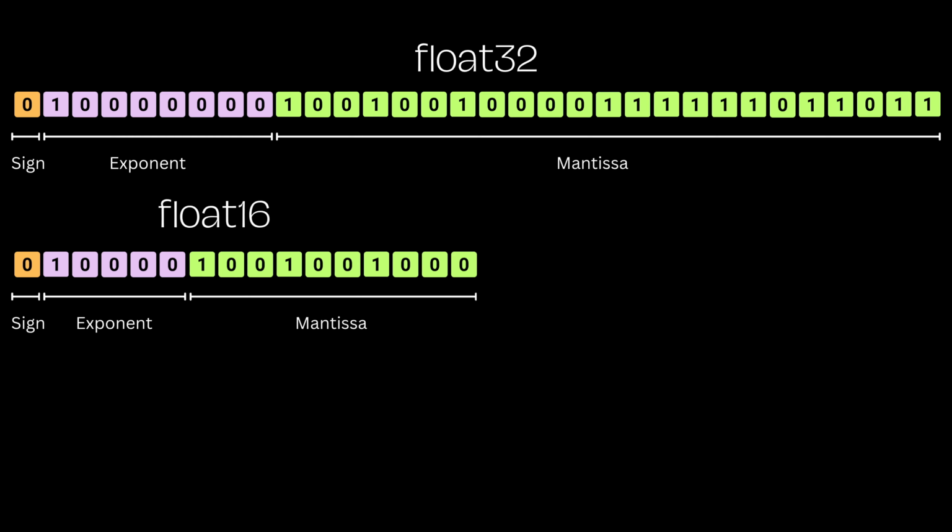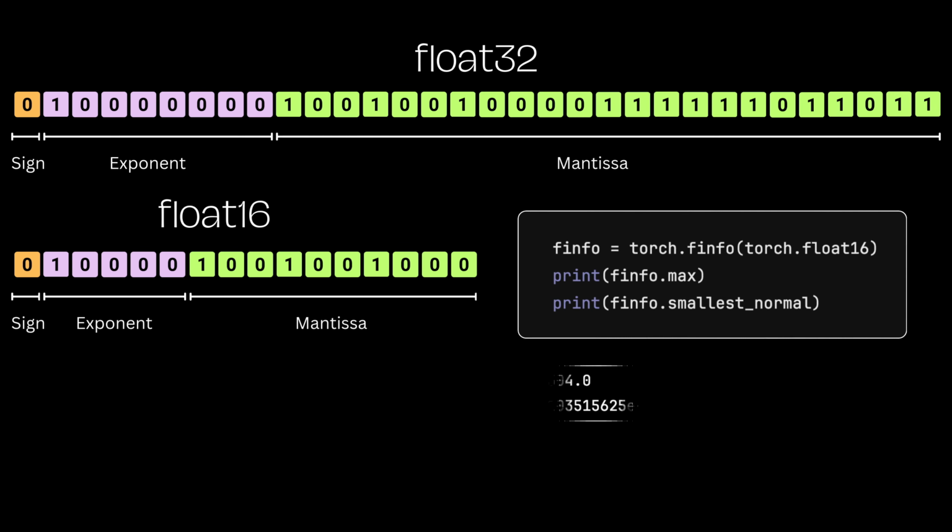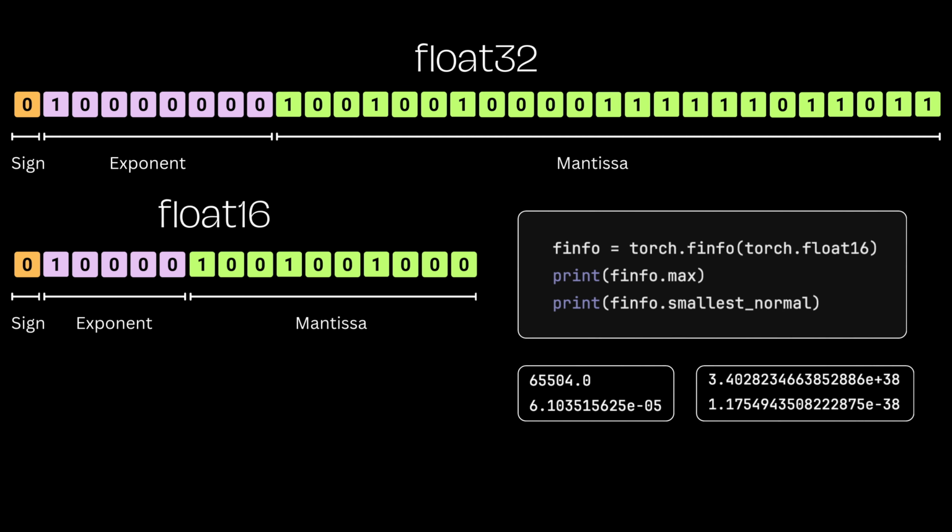Because of the reduction in exponent bits, the range of values that can be represented by float 16 is significantly reduced, especially compared to the range that we were working in float 32. Smallest normalized positive number for float 16 is 2 raised to the power of -14, and the smallest denormalized positive number for float 16 comes out to be 2 raised to the power of -24.